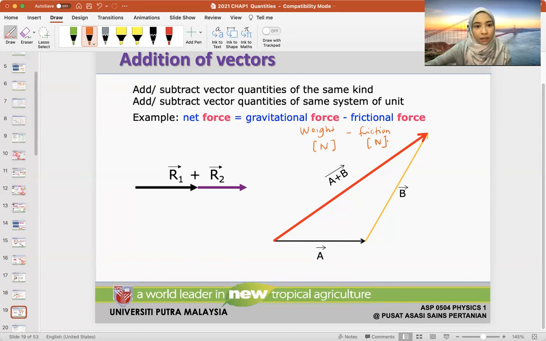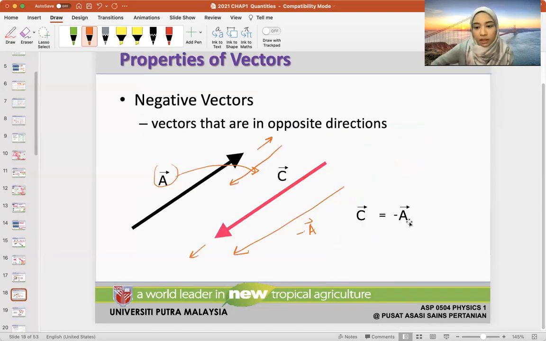Okay, so again, I'm going to repeat myself. Tadi, we are talking about equal vectors. When we are describing a vector in terms of the other vector, they have to have the same direction, or parallel. Baru boleh describe in terms of equality. We are talking about equality, not addition, not subtraction. When we are talking about equality, it has to be the same length, the same direction, or parallel.